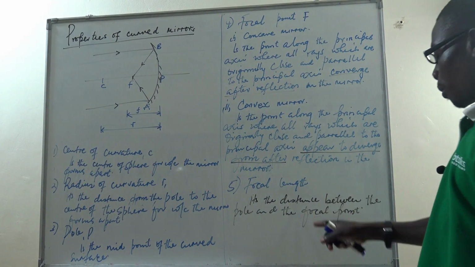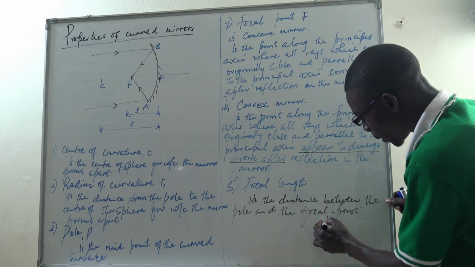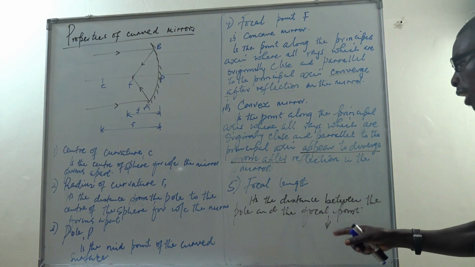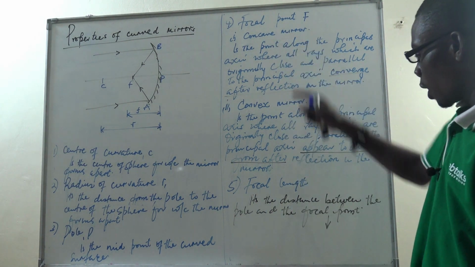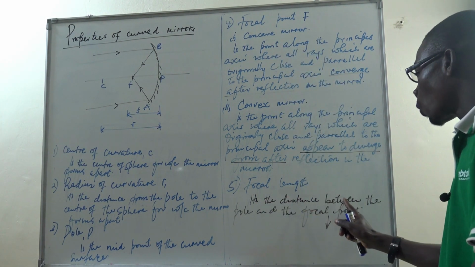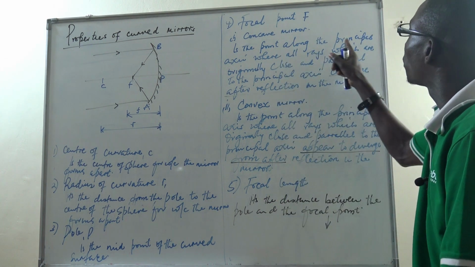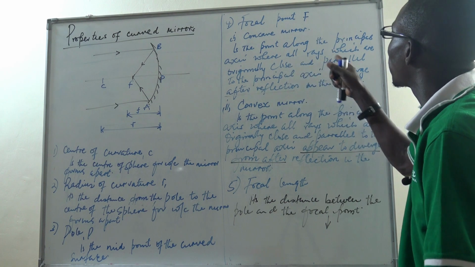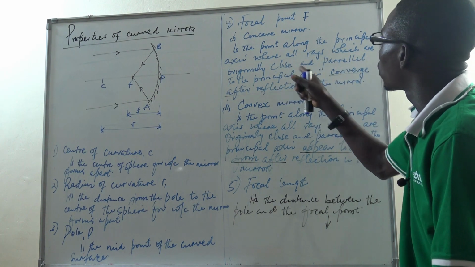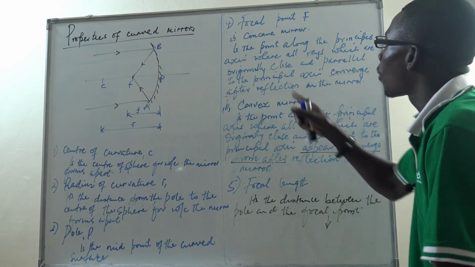Or if you want to be more specific with which focal point you mean, you can break it down. If it is for concave, you say it is the distance between the pole and the point along the principal axis where all rays which are originally close and parallel to the principal axis converge after reflection.